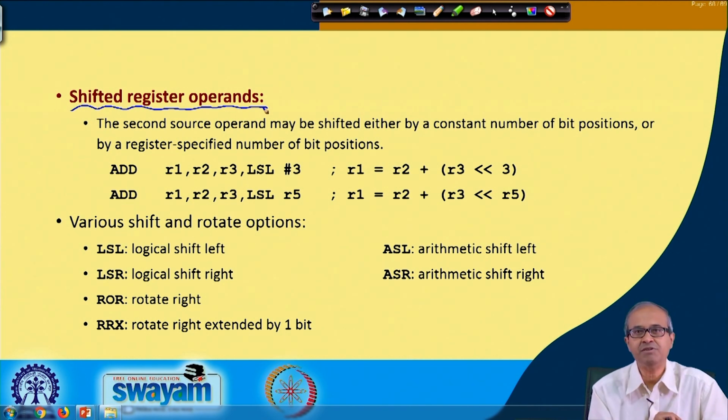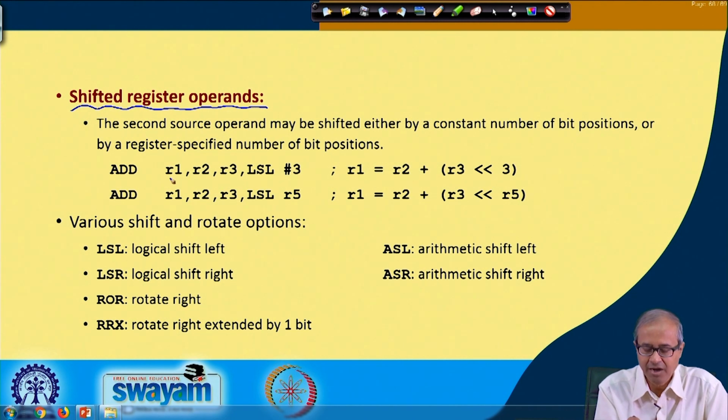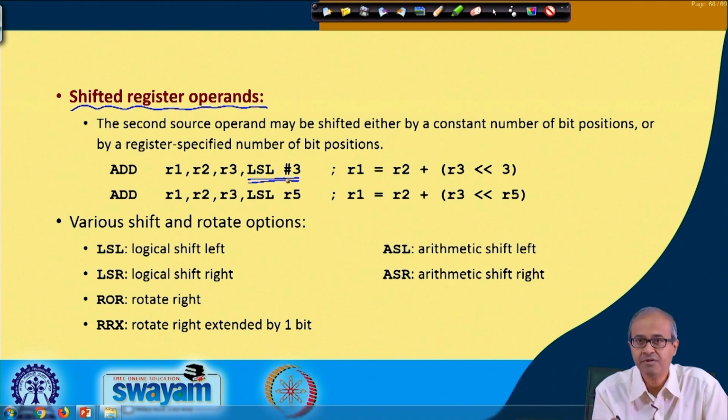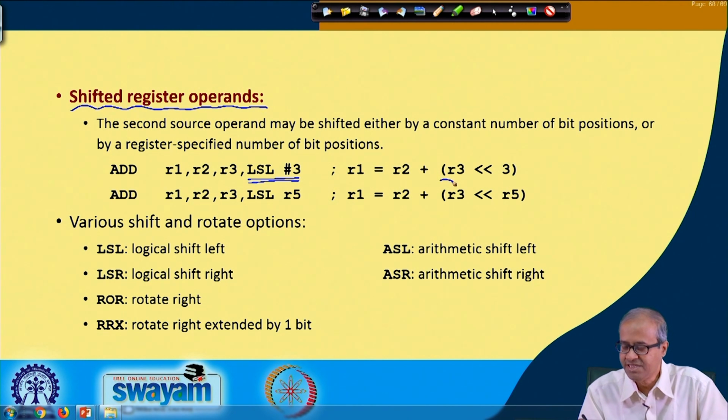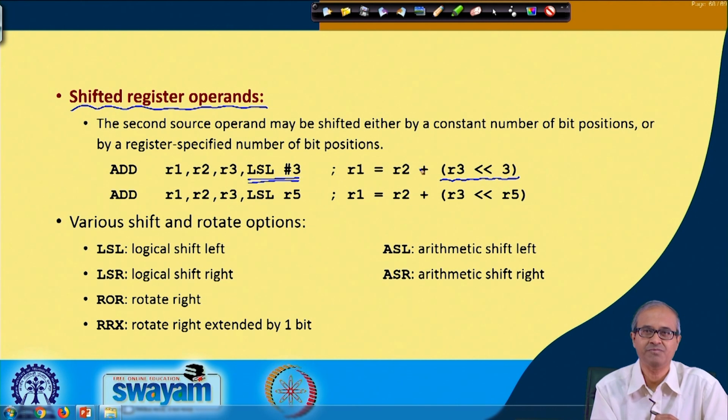So, in the assembly language level also you can specify like this, you can specify add R1, R2, R3, and in the fourth parameter you can say logical shift left hash 3, that means 3 positions. This actually means the second operand is shifted left by 3 positions and then added to R2.